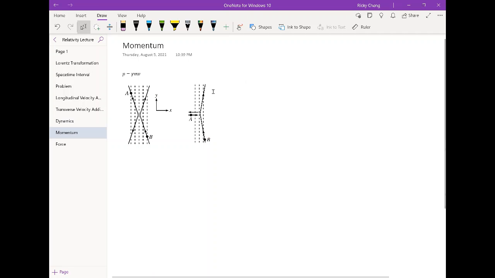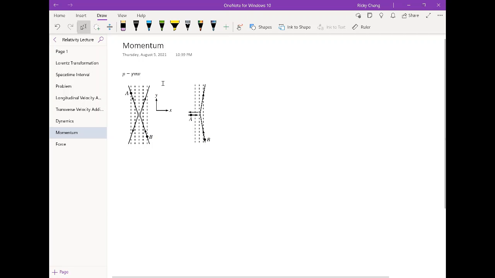Technically, for the equation for momentum, we can do thought experiments and think of a proof for why P equals gamma mv is a good candidate for the momentum. But in reality, even if we can do these proofs, we only know it's true once we confirm it experimentally.